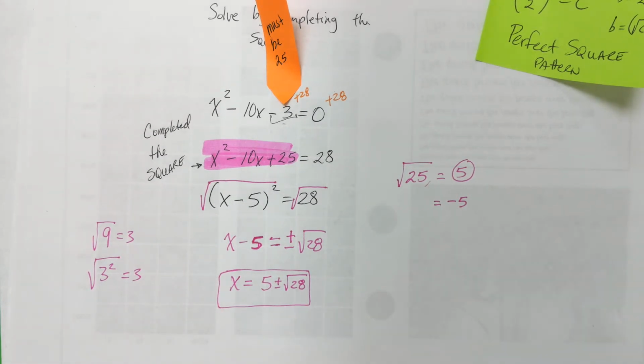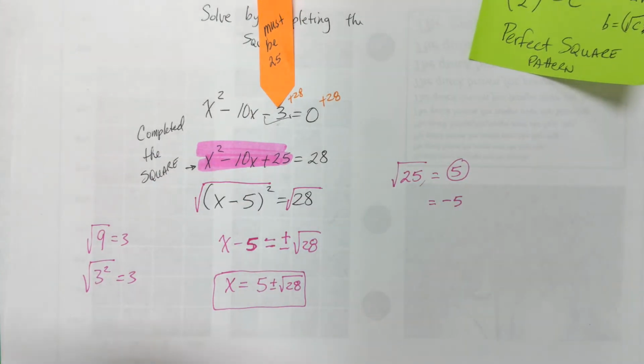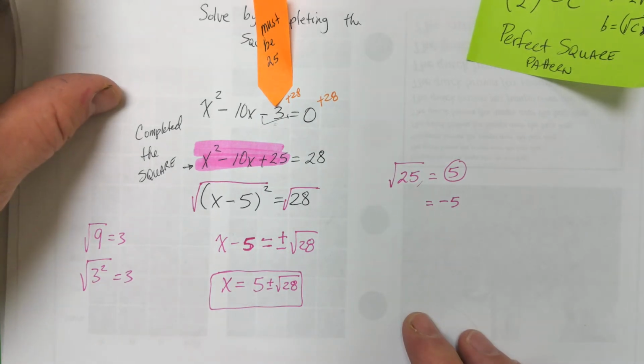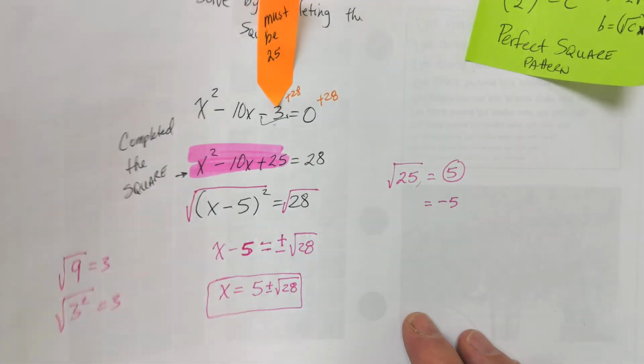Do you want me to do one kind of quick and you just watch and see how it goes, and then I give you one to practice? Sounds good. Okay, so watch. I'll even let you make up the numbers and the signs for me. I'm going to start off with x squared. Plus or minus? Plus.